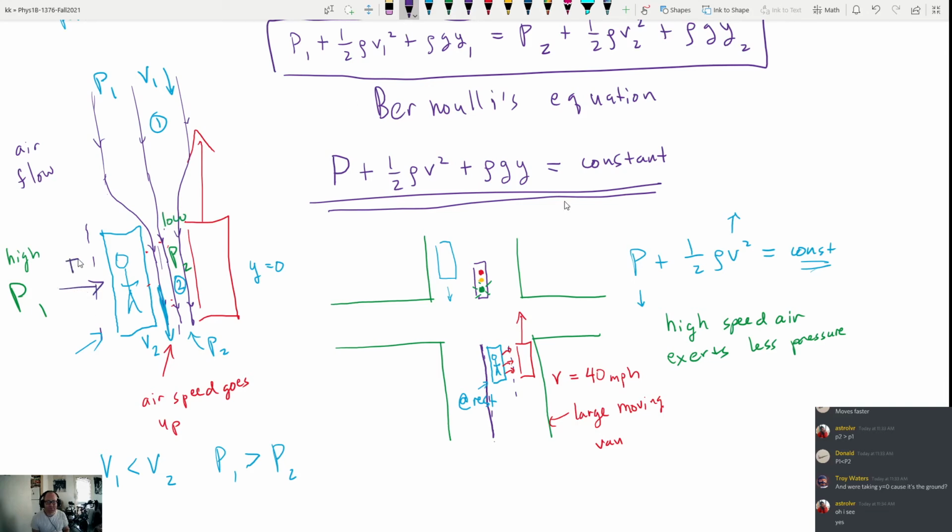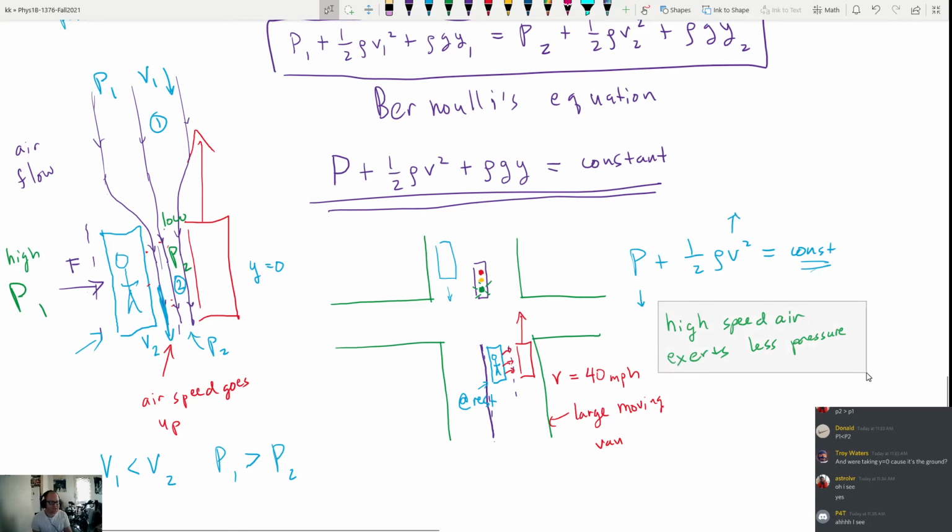You're going to feel a force that pushes you into the low pressure section, just like a vacuum would. You're going to get pushed in towards the car, and then the car is going to rattle back and forth. Now you can tell me yourself if this actually happens, but I think it does.